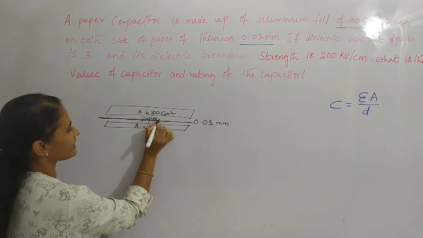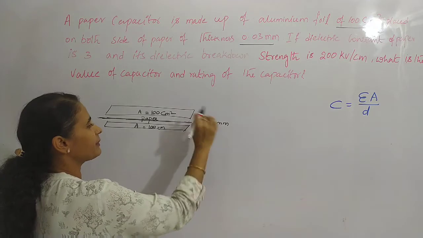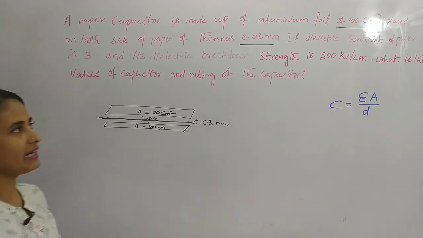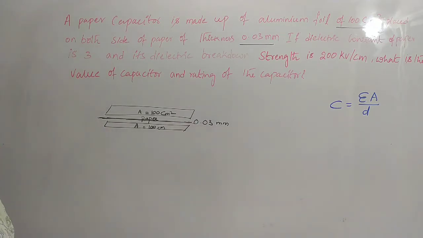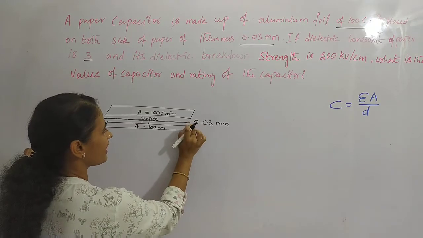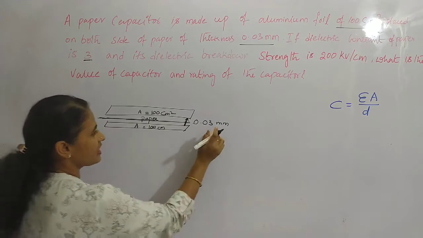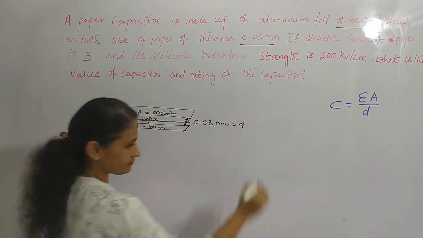The paper is acting as a dielectric medium, and its thickness is 0.03 millimeters. The thickness is nothing but the distance between these two plates, D.